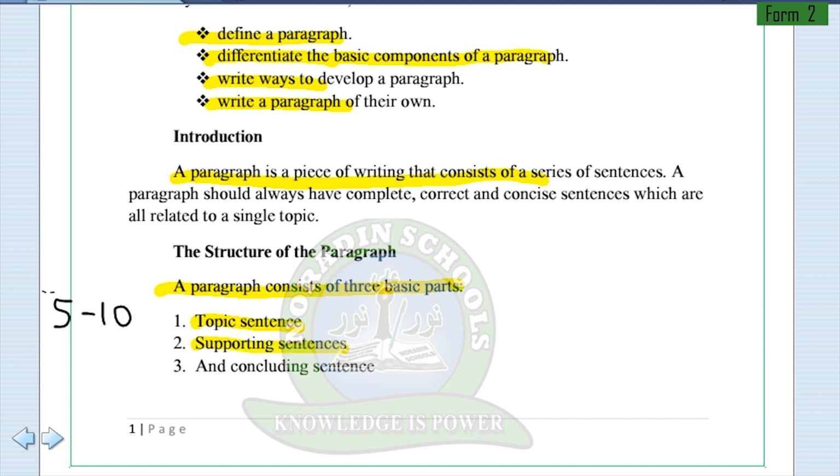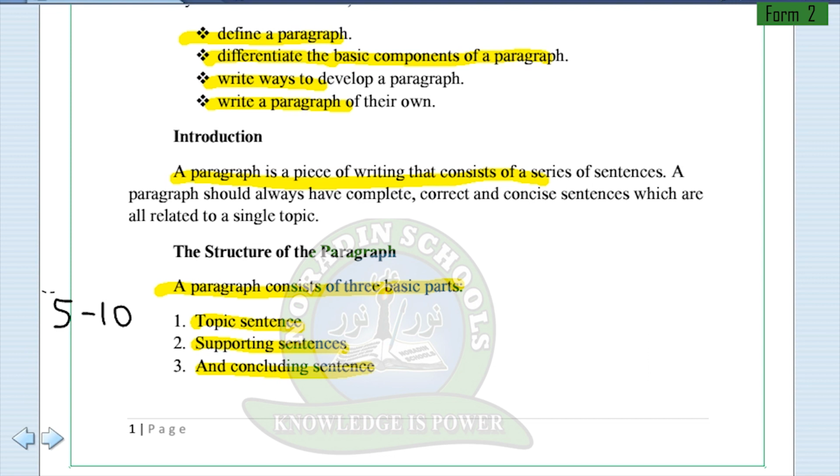Do you see any changes? Here we have got a topic sentence, and here we have got supporting sentences. These are a group of sentences, keep in mind. And the last one is the concluding sentence. If you want to write a paragraph, you need to keep in mind these 3: the topic sentence, the supporting sentences, and the concluding sentence.